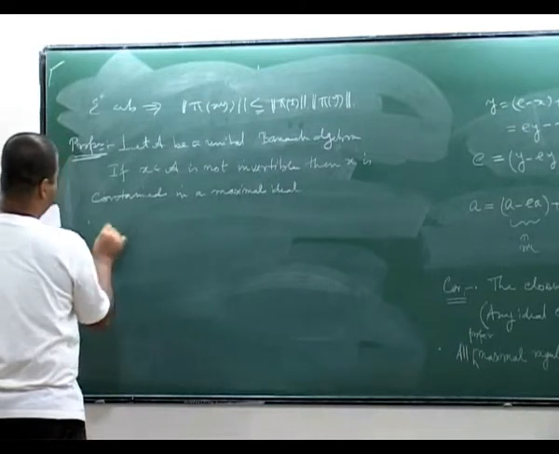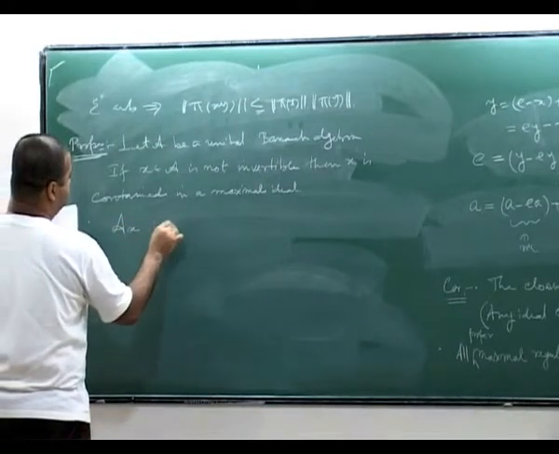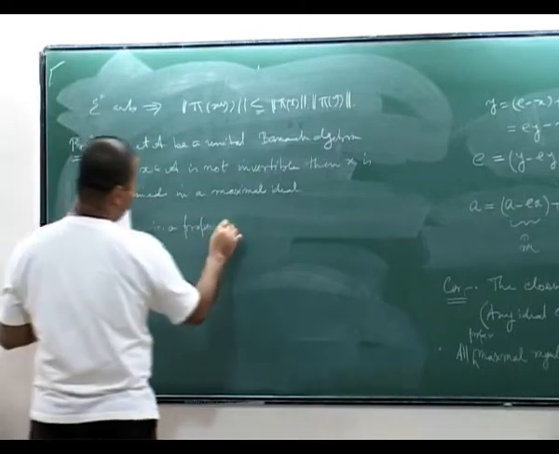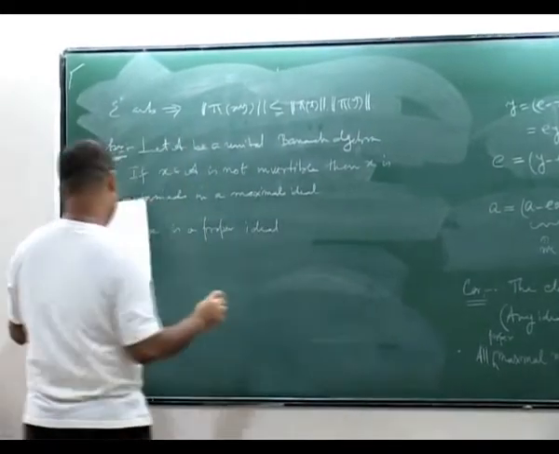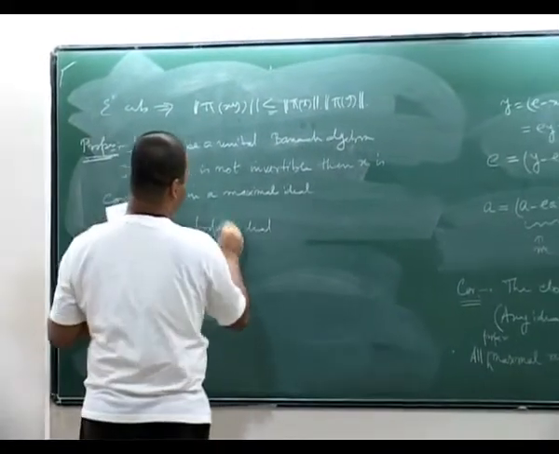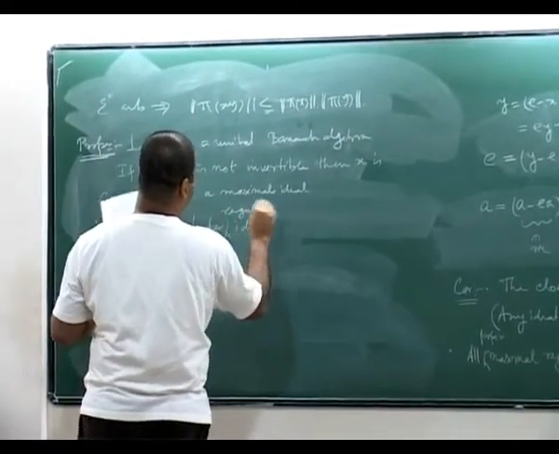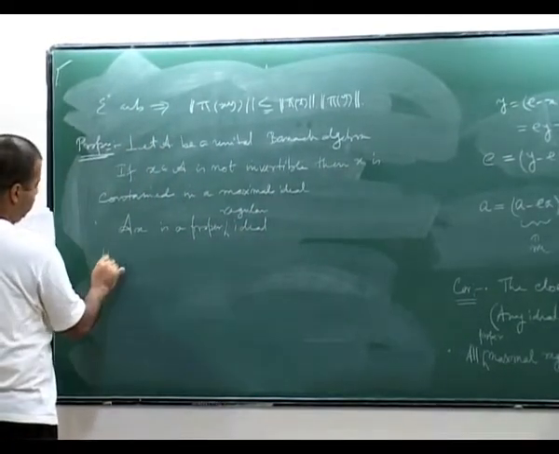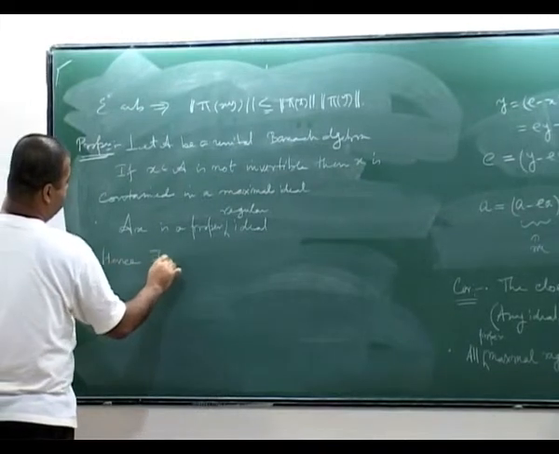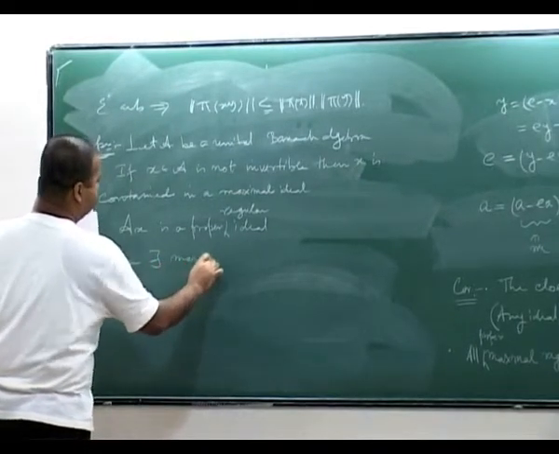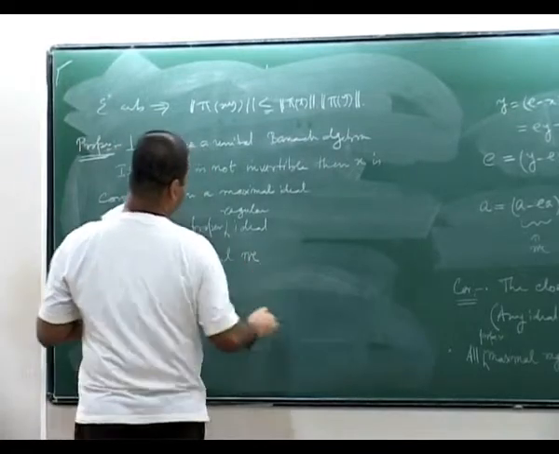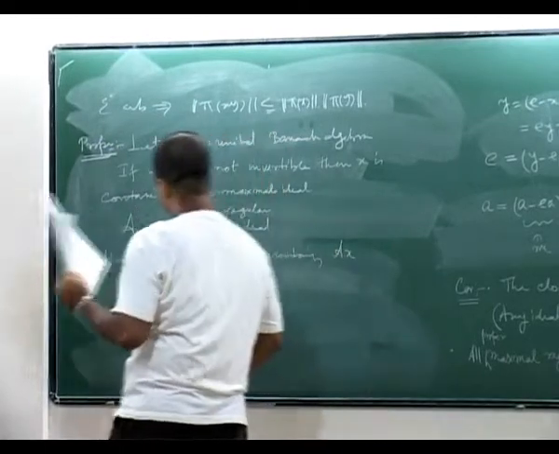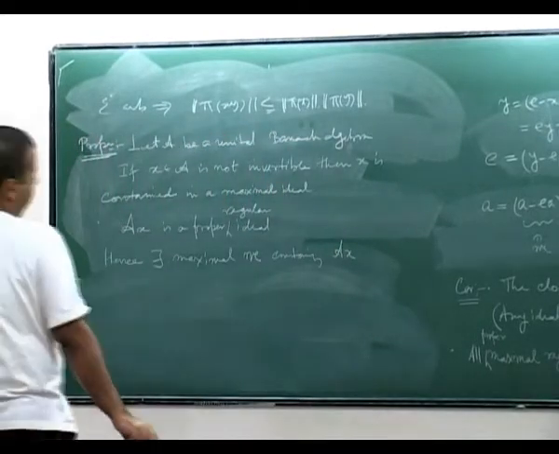So of course, you consider this ideal Ax, this is a proper ideal. So there will be a maximal ideal containing this.